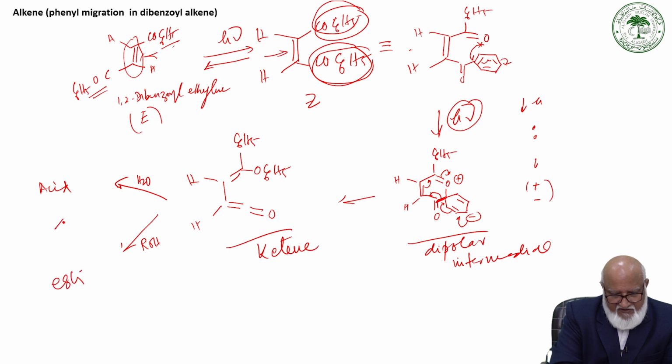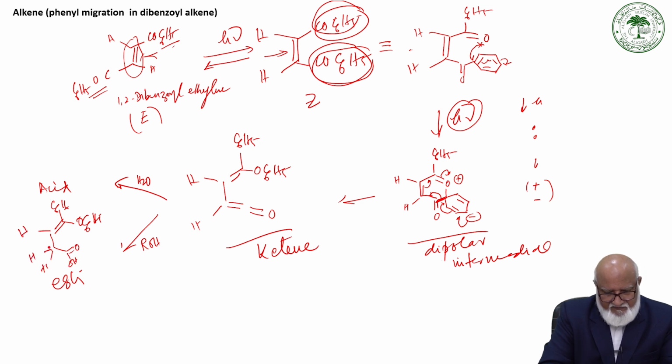So we get C double bond O, OC6H5, C6H5, C double bond O, OH, and there is a 2H here and then H here. And then this is an ester, OR.